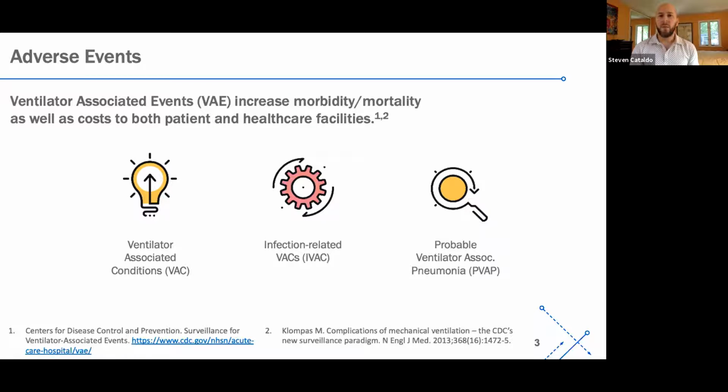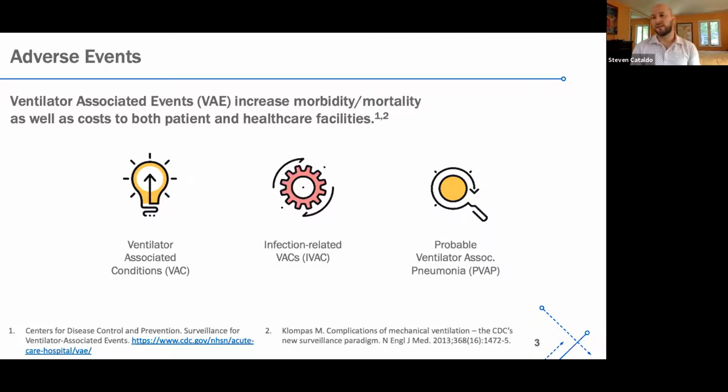So I won't go into too much detail as to how the CDC specifically defines each of these ventilator-associated events, or what we will, heretofore, call VAEs. But these are symptom and syndrome definitions that the CDC has put together to help us identify an adverse event.